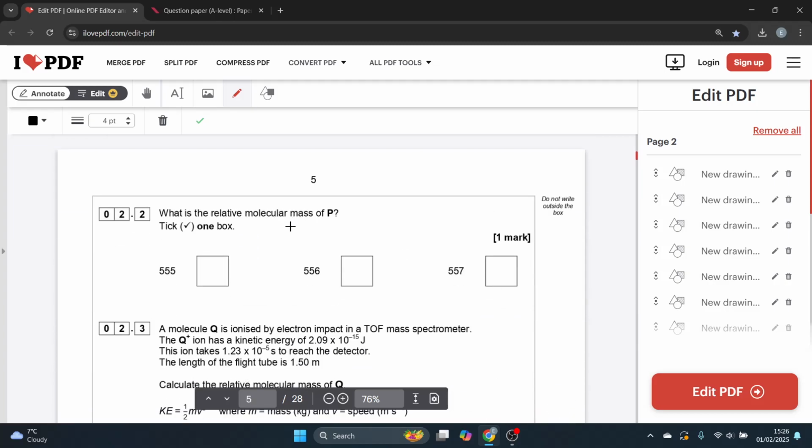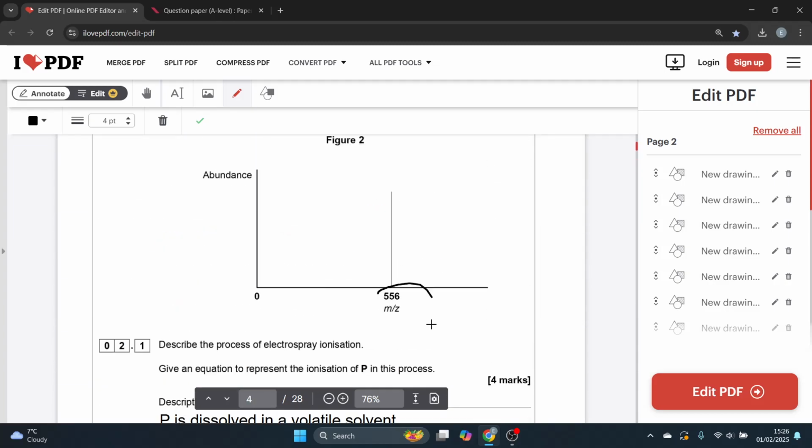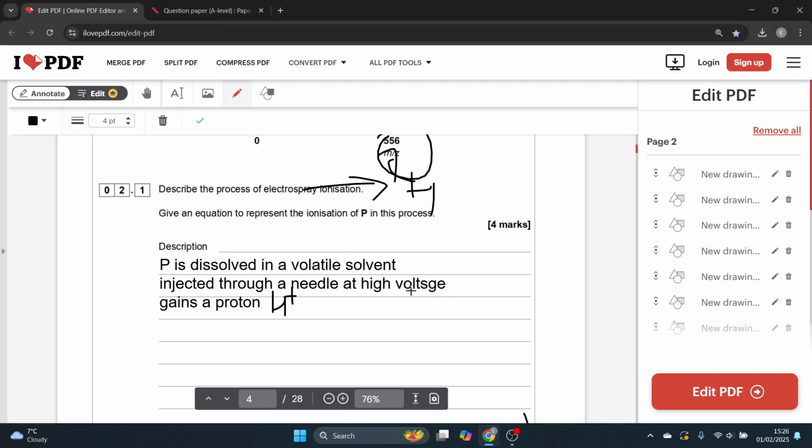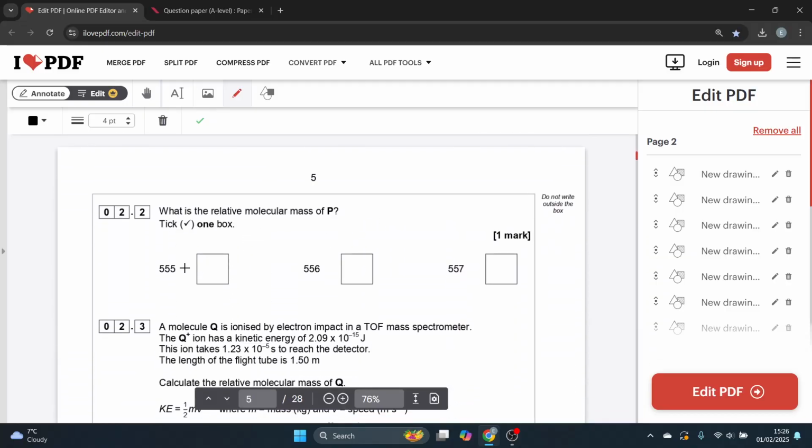What's the relative molecular mass of P? Well, P in this case has an m/z value of 556, but with electrospray we add 1. P is dissolved in a volatile solvent, injected through a needle at high voltage, and gains a proton. So I need to minus that 1, so I should get 555.